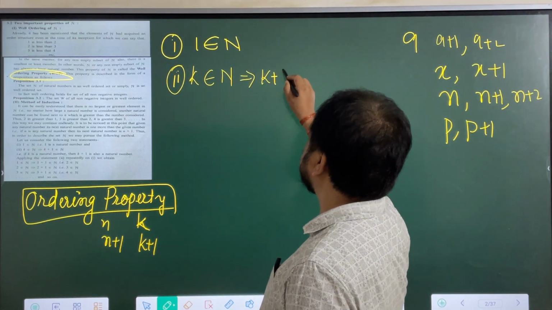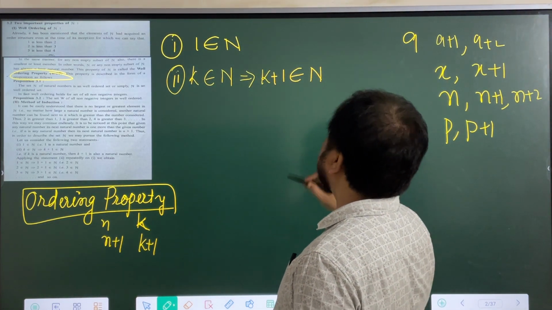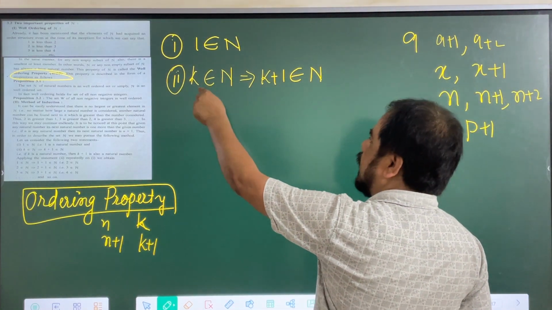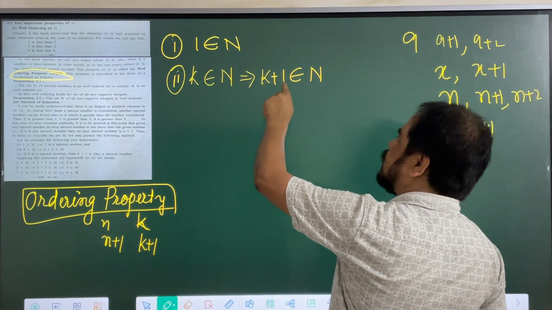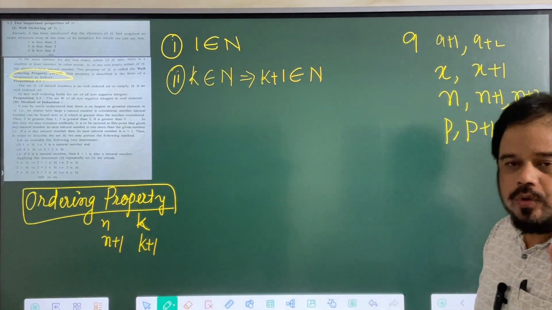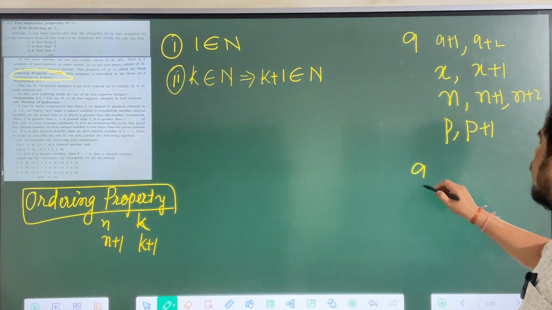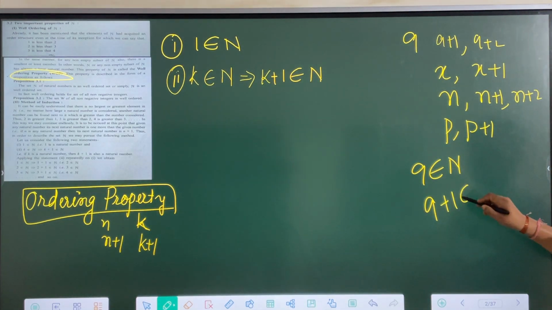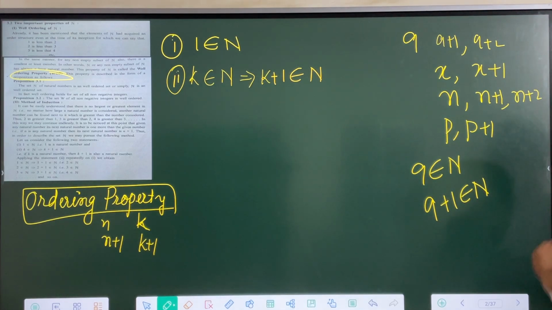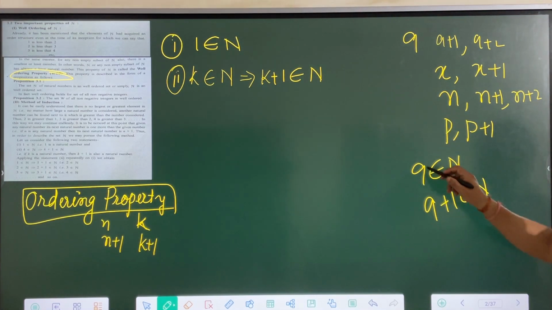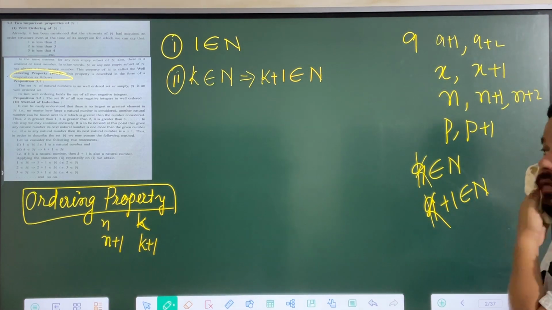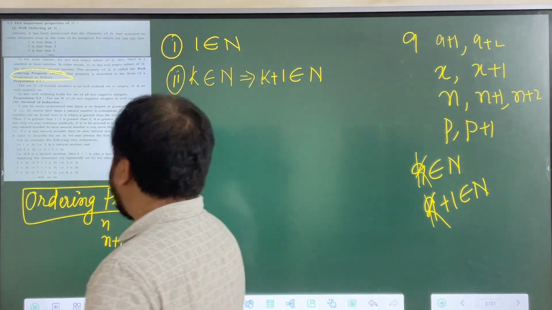So k plus 1 is also a natural number. If k belongs to natural numbers, then k plus 1 also belongs to natural numbers. It means if 9 belongs to natural numbers, then 9 plus 1 also belongs to natural numbers. I hope you understand this. So in place of 9, k plus 1. So what we have to do, anything.